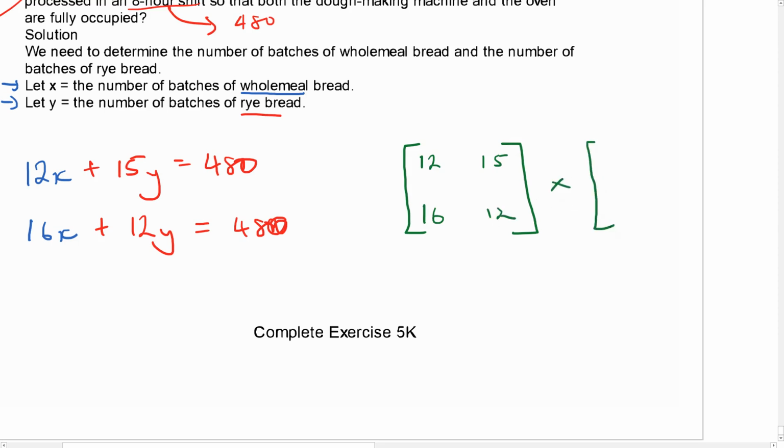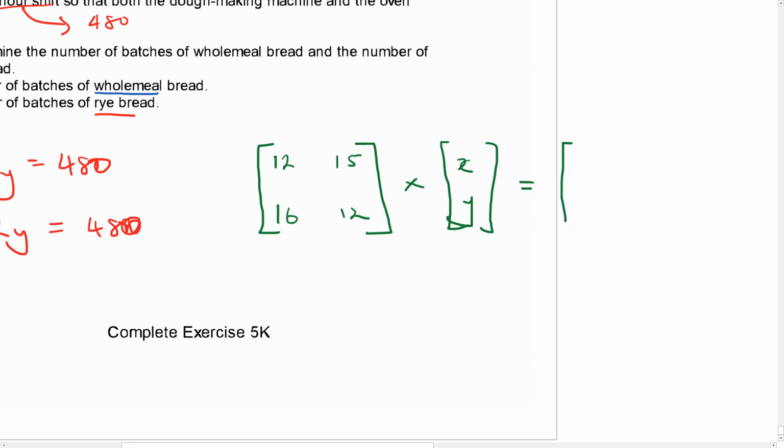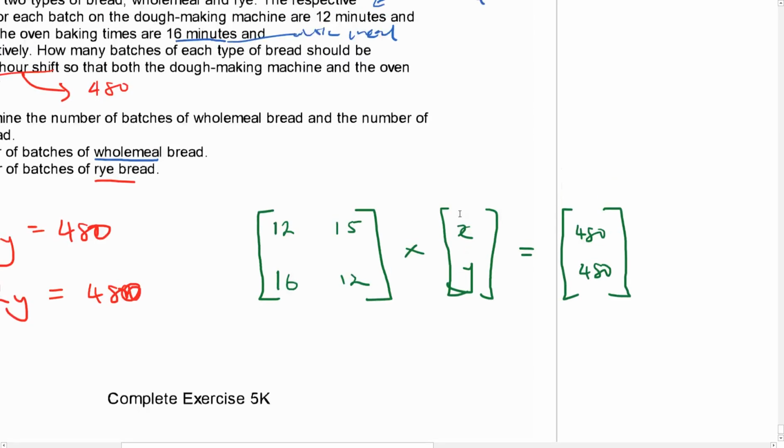The next part is to make the letter matrix. Your two variables are X and Y. You're looking for the x and the y variable, and that equals 480 for both of them. Because they both need to run for 8 hours, right?